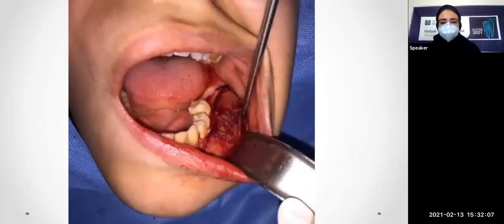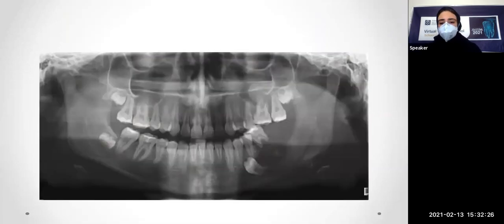As can be seen here, we have the patient's intraoral image with a surgical view at the surgery room. The panoramic view showed a radiolucent lesion at the left angle or body of the mandible at the posterior area, which involved the posterior molar roots and caused root resorption for the first molar tooth.